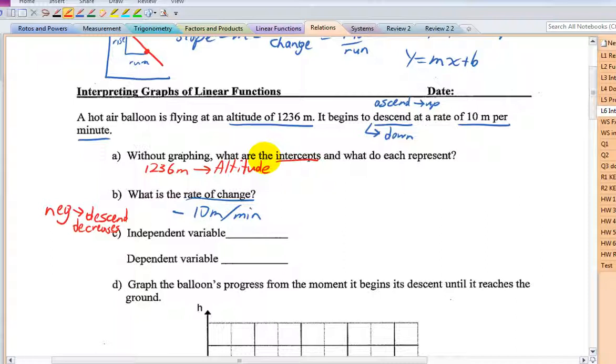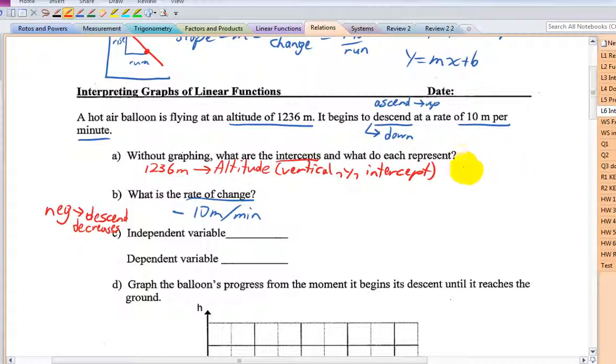Because we're graphing altitude and not y, we call this just our vertical intercept. You'll notice in the textbook they do that. They'll say, what's the vertical intercept? And that's just because they're not using y, they're using altitude or h or something else. Okay?